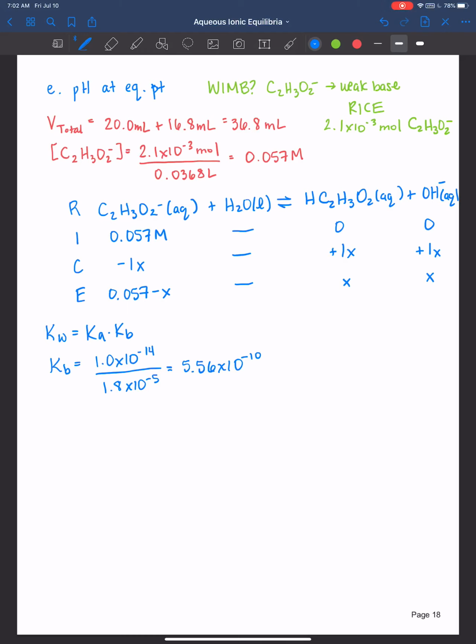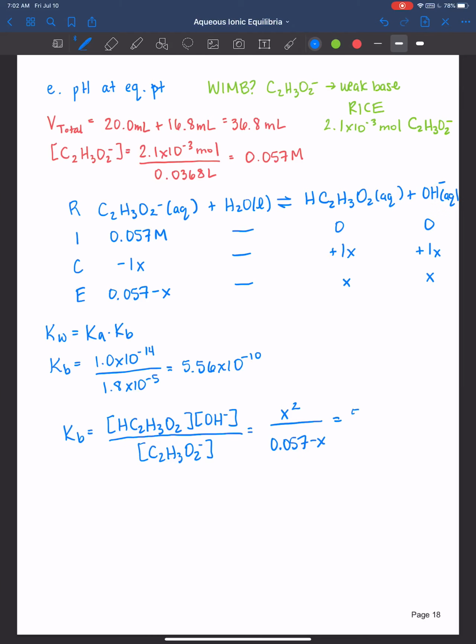And so Kb is equal to products over reactants, so that's x squared over 0.057 minus x is equal to 5.56 times 10 to the negative 10th.